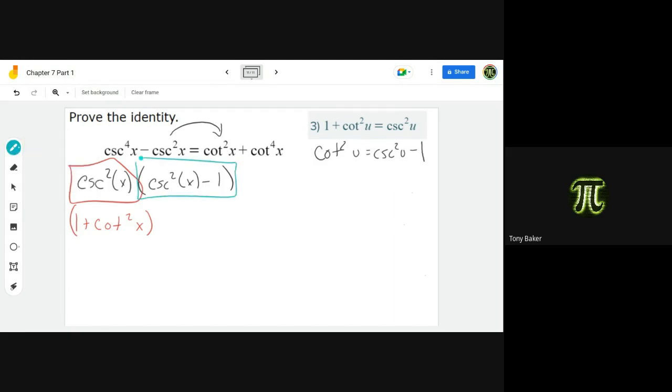And then we're going to change this to cotangent squared x. The question is, and I don't want you to answer, why would we do that?